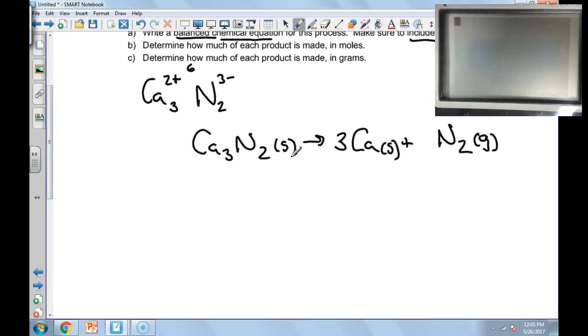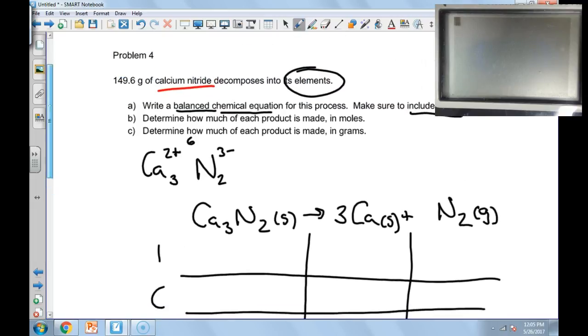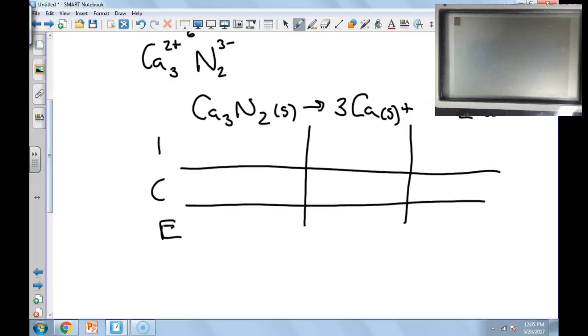Okay, so now, just like problems that we may have seen before this, it says how much of each product is made in moles. So what I'm going to do is I'm going to take this, and I'm going to do an ICE chart. Okay, and I know that I'm going to start with 149.6 grams.